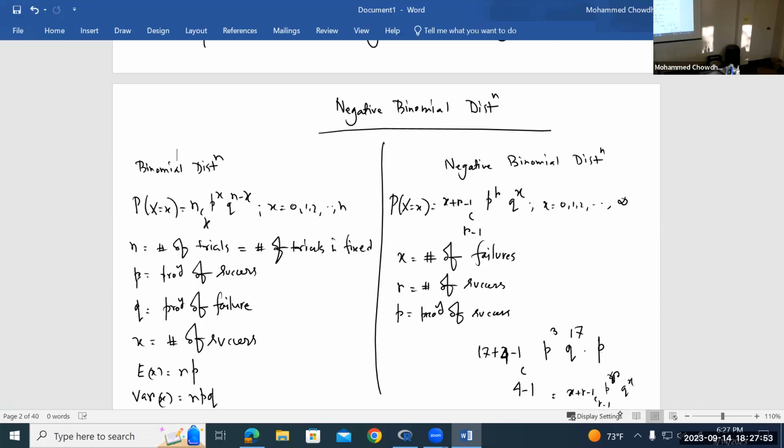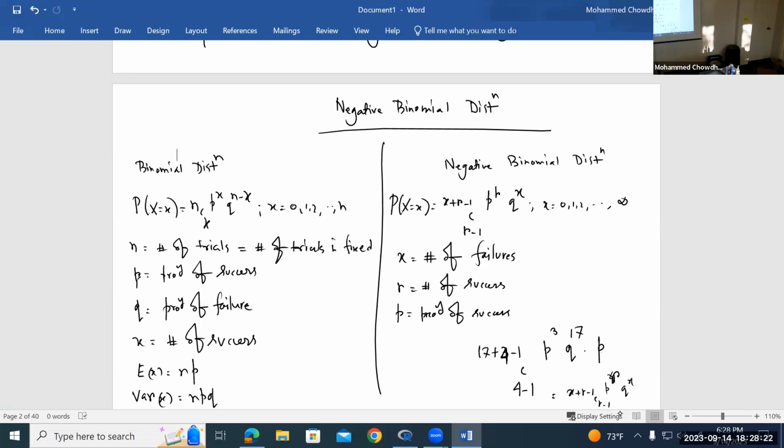Only 1 job, only 1 good school admission, right? That also follows a mathematical model known as the geometric probability model. If some of you take my business analytics course next semester, I will teach all the probability models there, at least 10 probability models with real life examples. Geometric distribution is one. So you understand the difference between them, right?